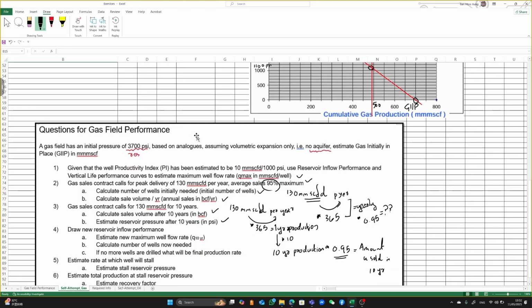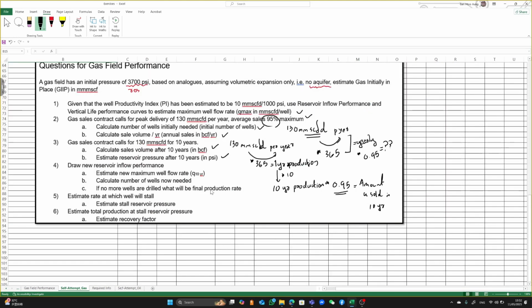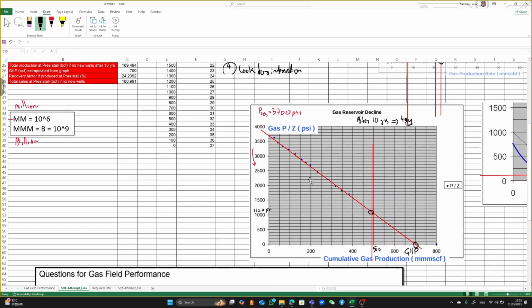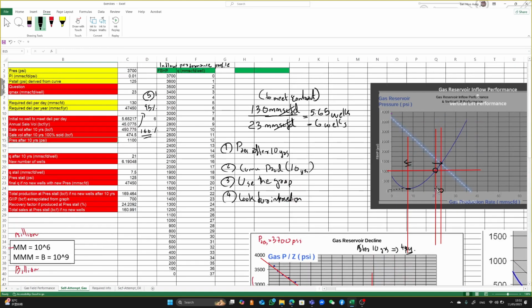So they want us to figure out the flow rate after 10 years, which we did by reading off the pressure value, the 10 year after production reservoir pressure, which is 1,100. We look at the graph and the intersection point, and we estimated how much has been produced.